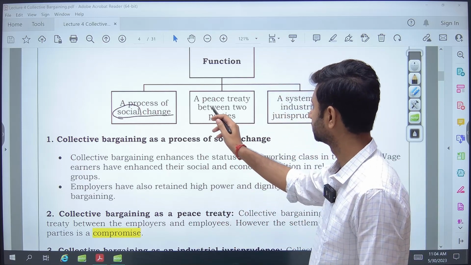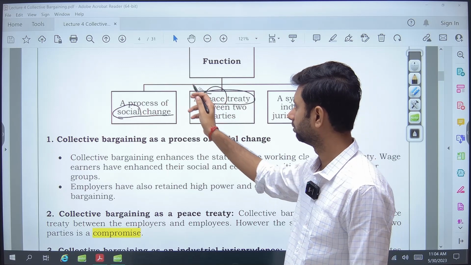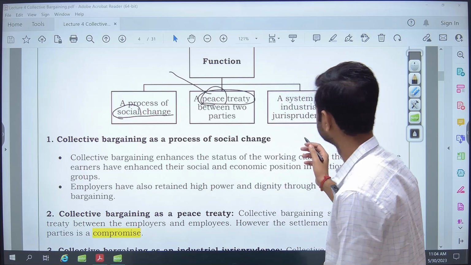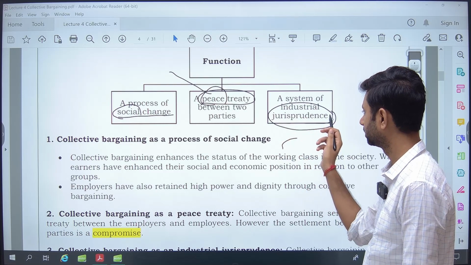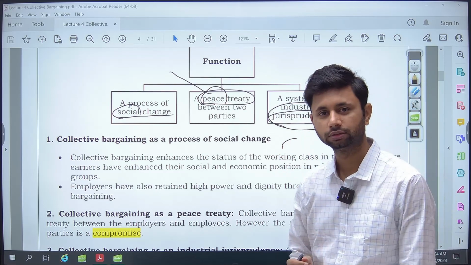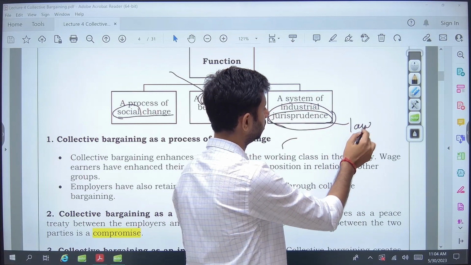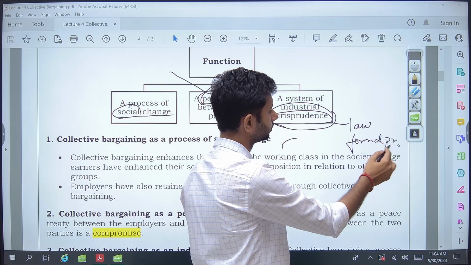Next, the peace treaty: peace arises when both parties are happy with each other. And the system of industrial jurisprudence: jurisprudence is related to legality, so it will be related to the law of formal provisions.